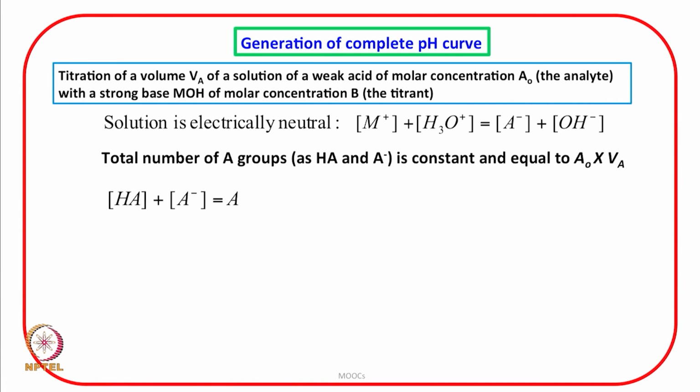But also let us realize that when you are adding an acid to strong base, the total volume is also changing. Imagine the titration which you do in acid base.